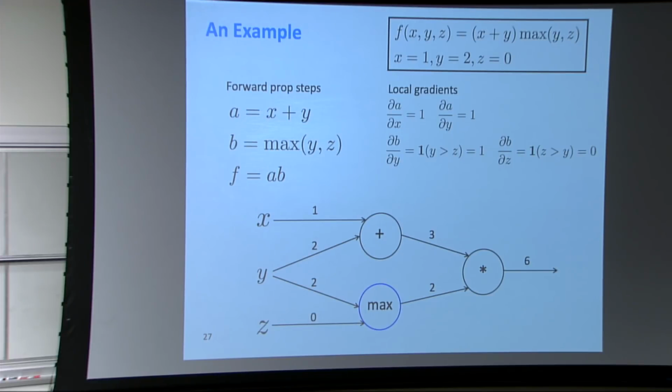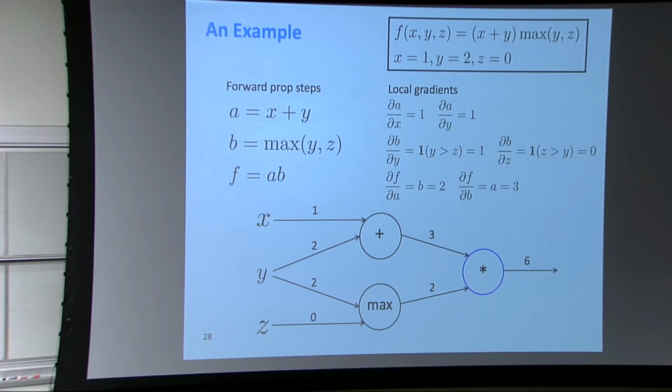The max is slightly trickier, because the gradient for the max depends on which one's bigger. If y is bigger than z, the partial of b by y is 1, otherwise it's 0, and conversely for the partial of b by z. So that one's a little bit dependent.